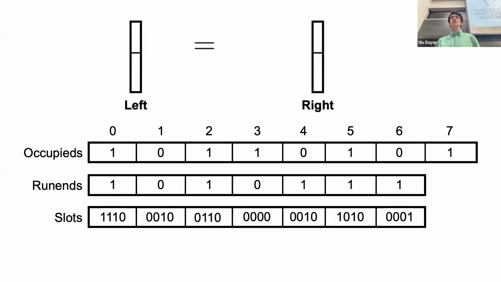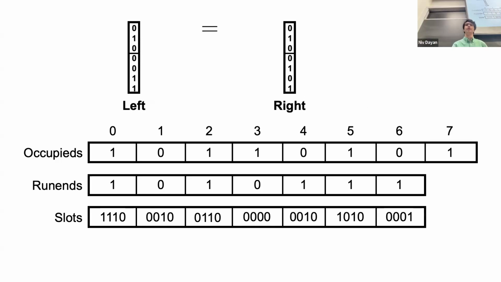Okay. So let's start with the case where your quotients are the same. So take this example. Your left endpoint and your right endpoint in this scenario both have a quotient of 2, right? So they're going to map to this bit in the occupied bitmap. Now, if this bit were 0, that means that no infix exists in between these endpoints, right?